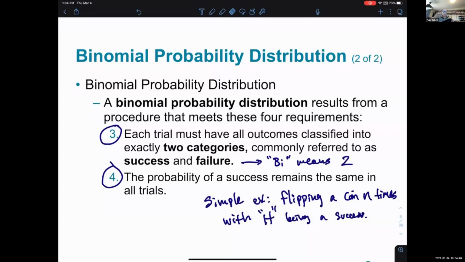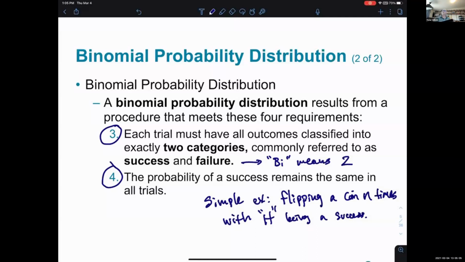Each one of those possible results, 0, 1, 2, 3, 4, 5 up till 10, will have some likelihood that it could occur. What is the probability that I would get heads 7 times? What is the probability that I would get heads 2 times? Something like that.